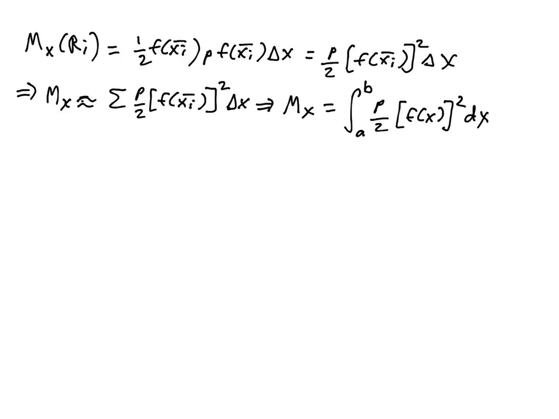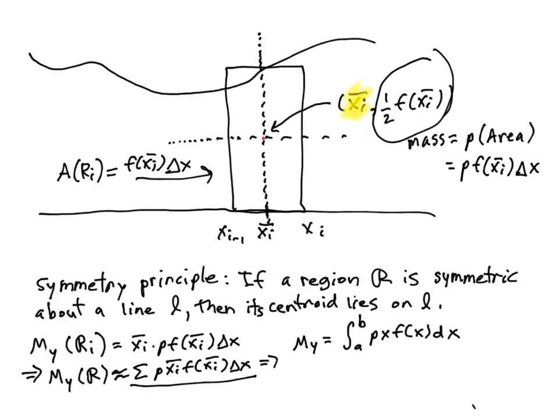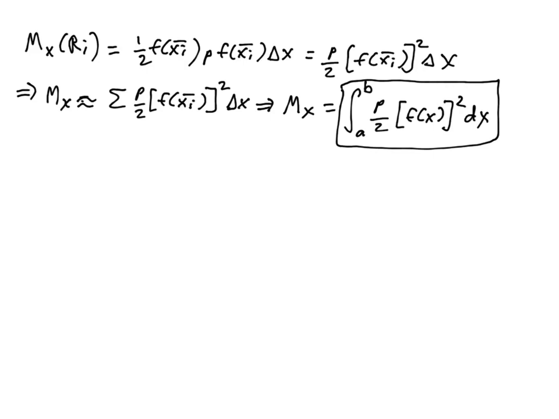So we've got our Mx. Our Mx is right here. And we had our My, which was on the previous page, right? In the previous page, we had our My, which is right here. We have one more piece of the puzzle, which is the mass. What is the mass? Well, the mass, as we know, is equal to density times area, right?